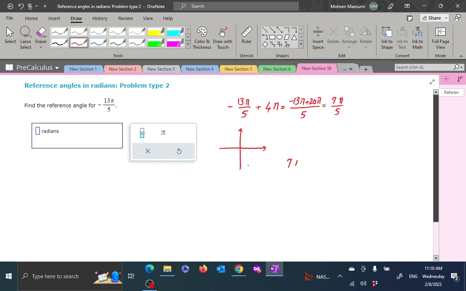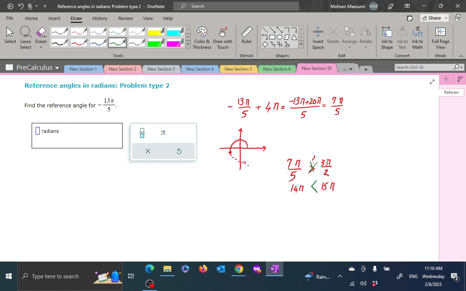Let's see. 7 pi over 5 obviously is more than pi, so maybe we come here, or perhaps we have come over there. So let's see, is this still more than 3 pi over 2 or not? So let's cross multiply. This becomes 14 pi, and this becomes 15 pi. So no, it is not crossing because this is bigger.